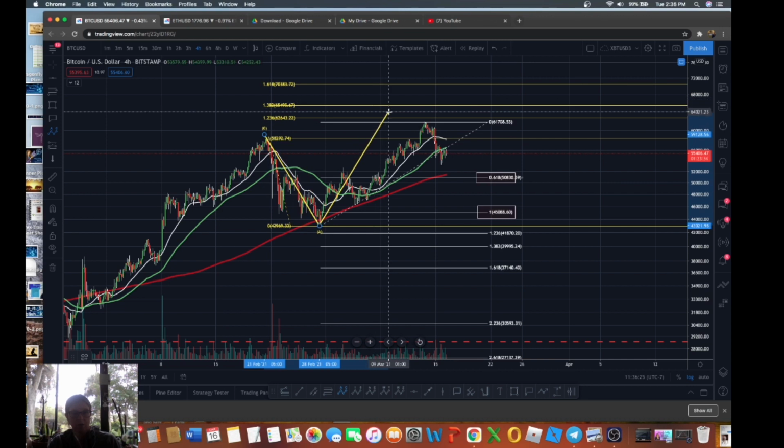One is called an expanding and one is called a running. Now this B wave can come past the 1.382 and up into this area, but it cannot hit the 1.618. That's the invalidation for it.